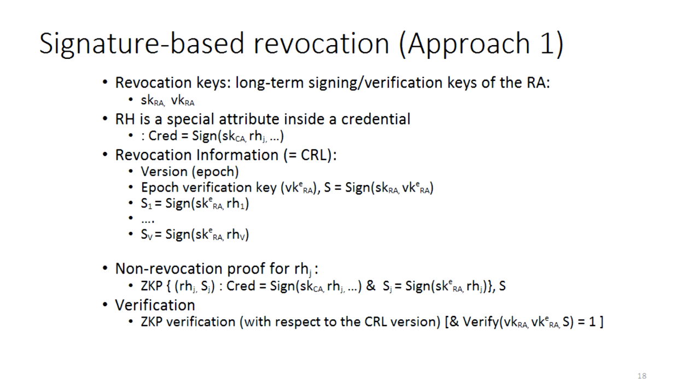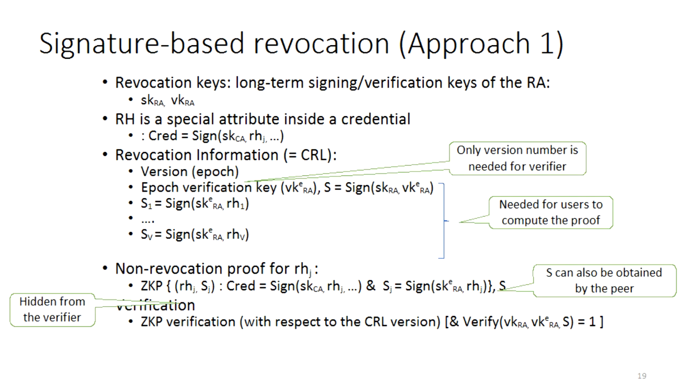And then it proves in zero knowledge that it has a credential that signs this revocation handle, and there is a signature from a revocation authority from the particular epoch or version of the CRL, the latest one, that signs also this revocation handle. And this zero knowledge proof is very efficient, and we don't reveal either the revocation handle or this particular signature that also identifies which revocation handle it is.